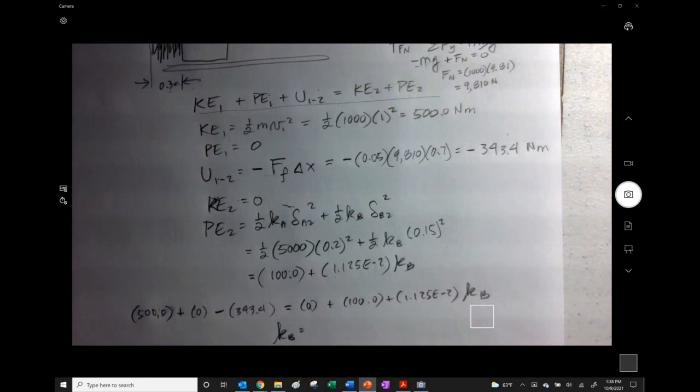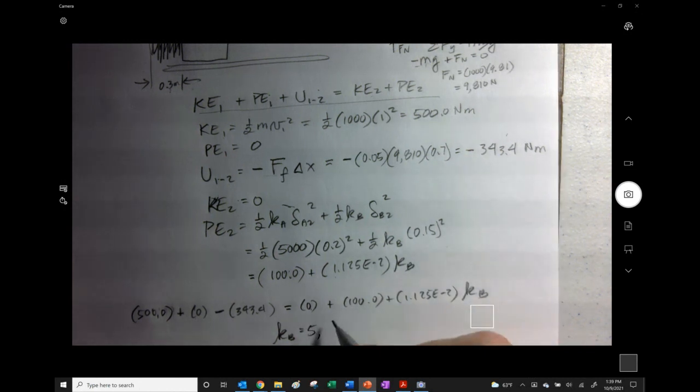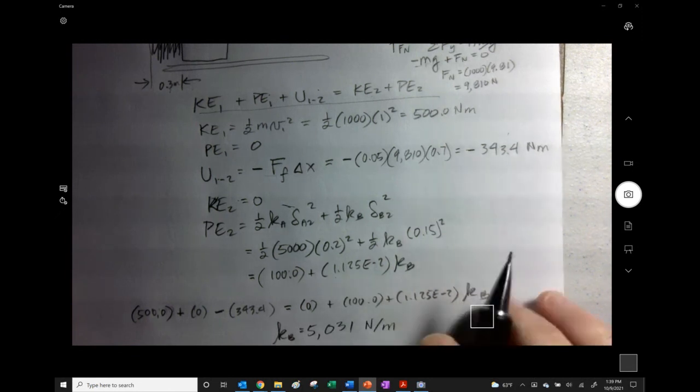KB is equal to, let's see. Do I still have those numbers anywhere in there? No, I don't. That's disappointing. So 500 minus 343.4, and then subtract out 100, and then divide by 1.125 E minus 2, and I get 5,031 newtons per meter.